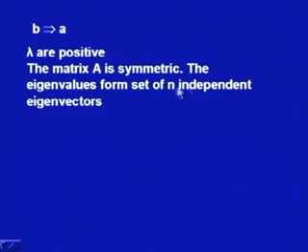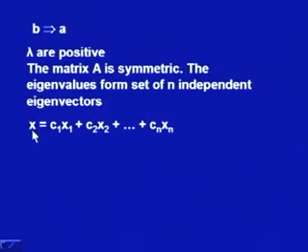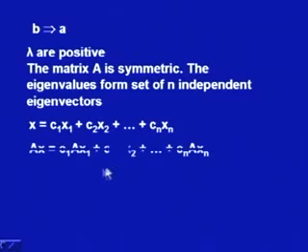This is the result which I derived in my earlier lectures on eigenvalues and eigenvectors. So we can write any vector x as a linear combination of these n independent eigenvectors. So we will have x equal to c1 x1 plus c2 x2 plus up to cn xn.